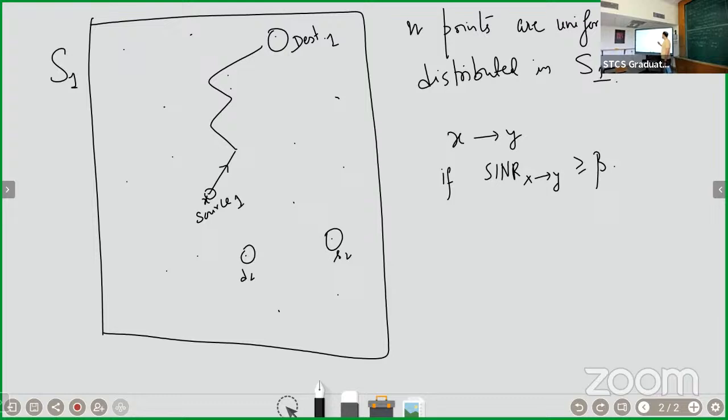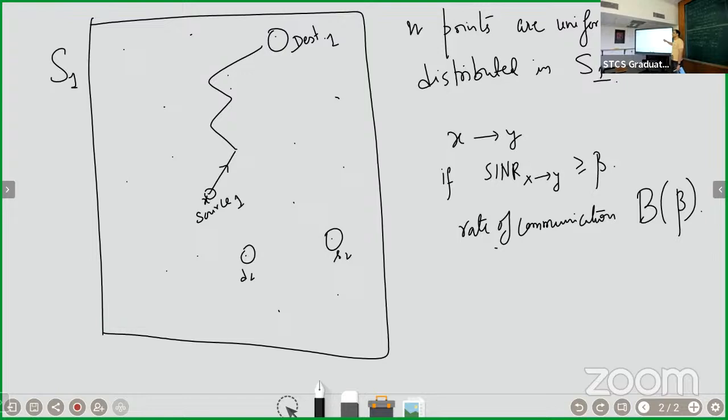And if this is true, the rate of communication is, with the same notation, just a function of beta, B of beta. So the higher threshold I demand, the larger is the rate at which I can transfer.